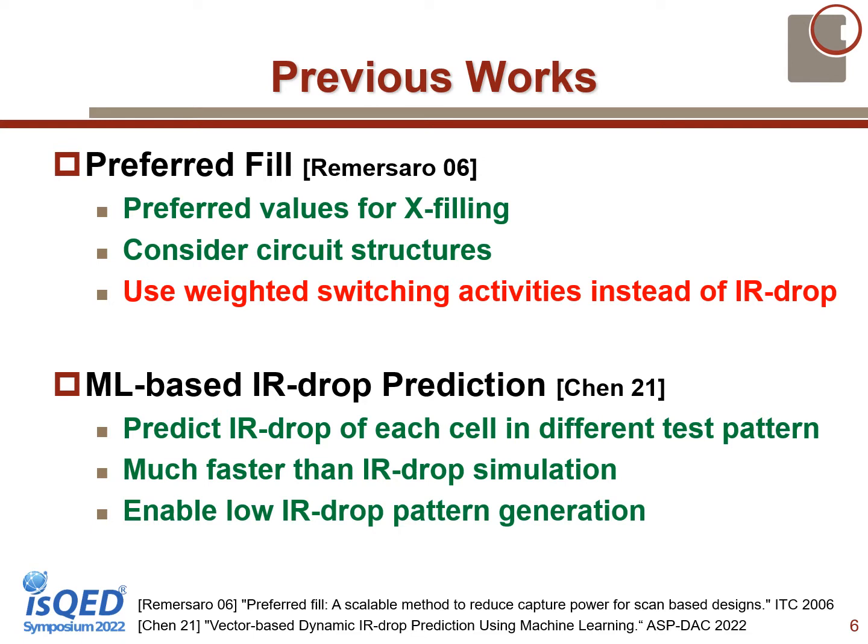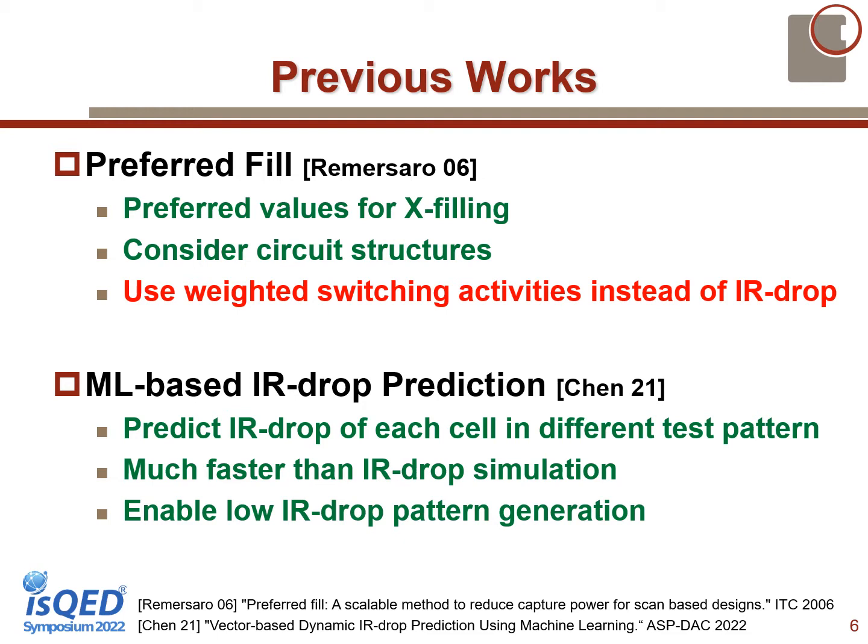I'll explain this later. The second one is the vector-based IR drop predictor proposed in work, shown as in the bottom of the slide. Vector-based dynamic IR drop prediction using machine learning in 2021. It can predict IR drop of each cell in different test patterns, which meets our needs.